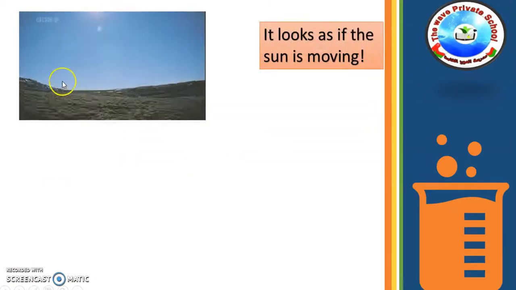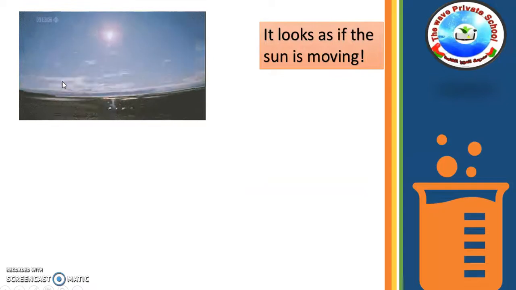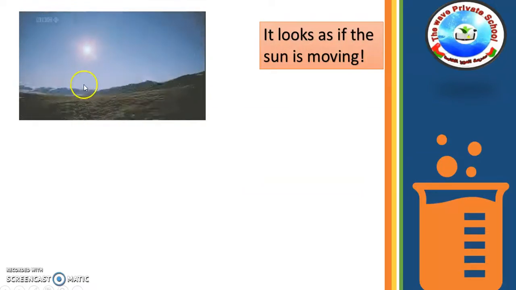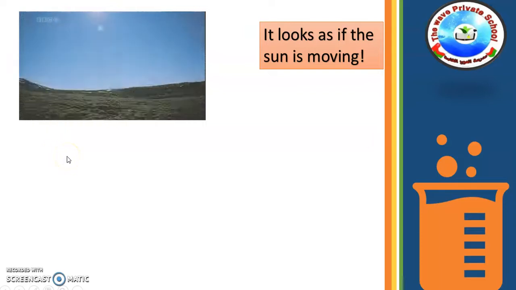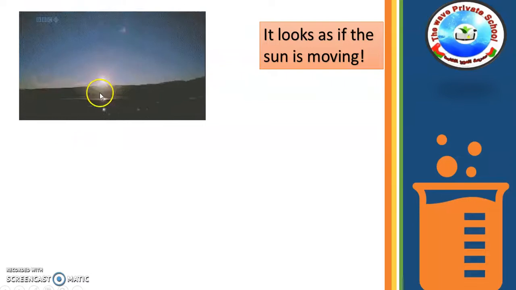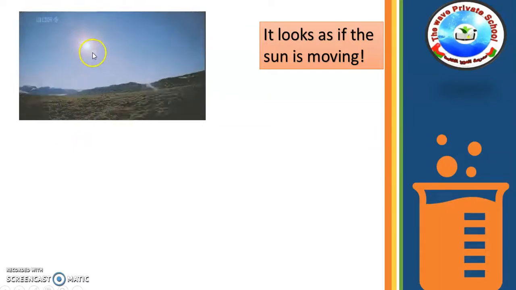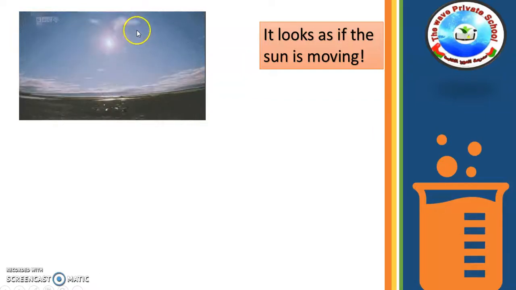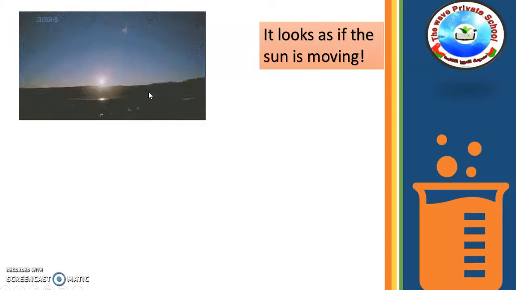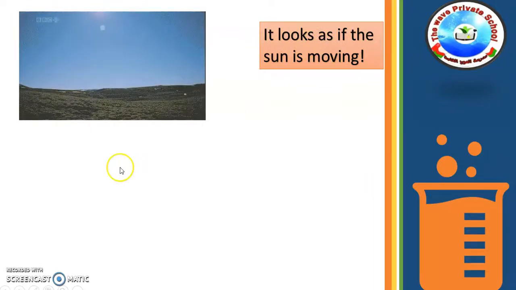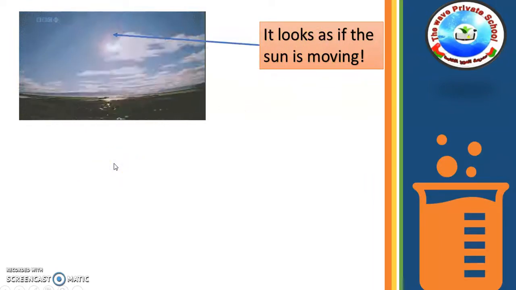Okay, from this illustration, from this short video clip, I want you to look at the sun. From morning, it goes to noon, and then it goes down in the afternoon. It looks as if the sun is moving, right?